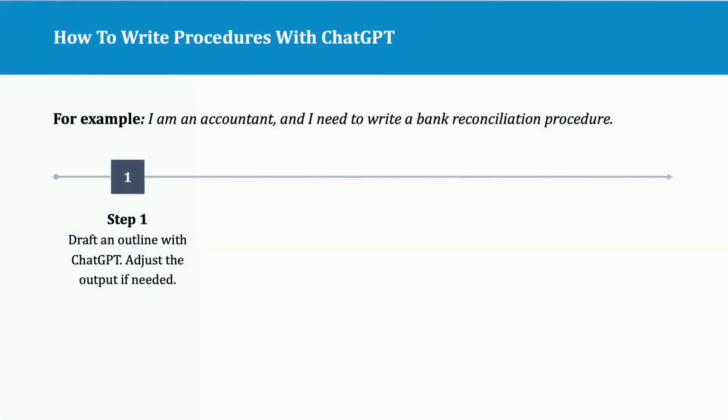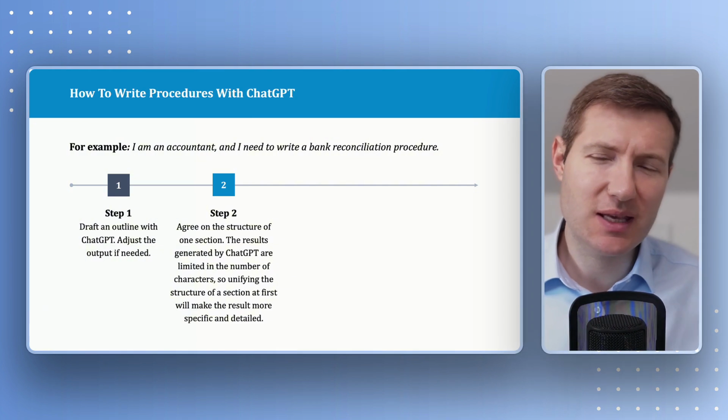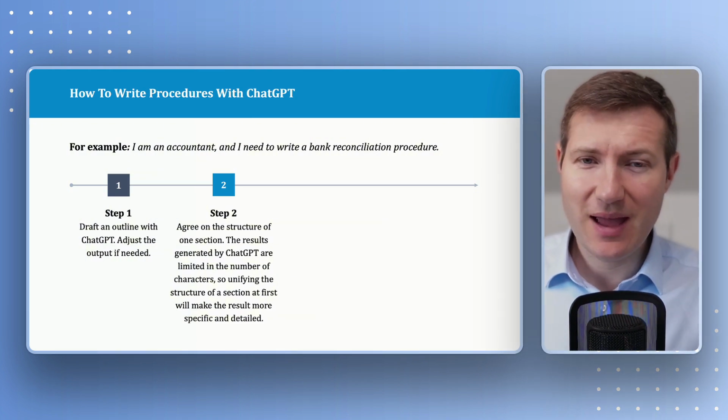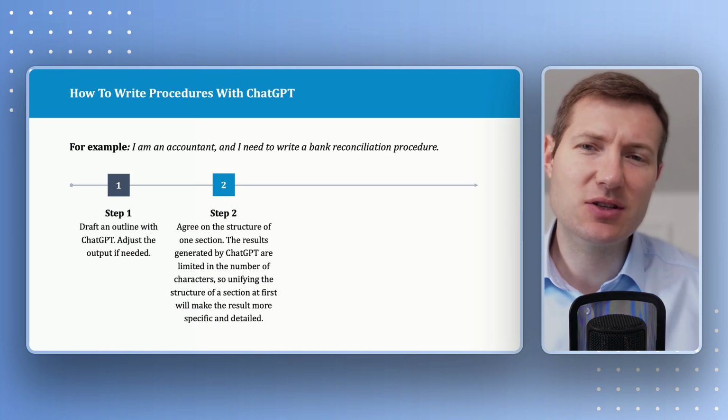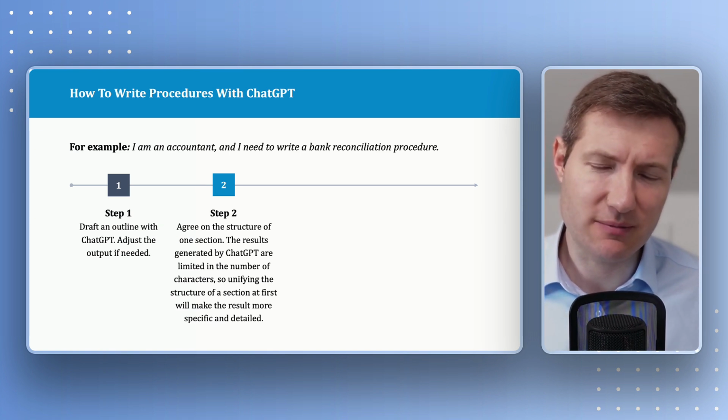Now that we have done step 1, let's go to step 2, where we are going to tell ChatGPT how each section needs to look like. Because if you don't do that, you let too much freedom to ChatGPT, and you are at risk that it doesn't follow how, for you, your procedure needs to be written.